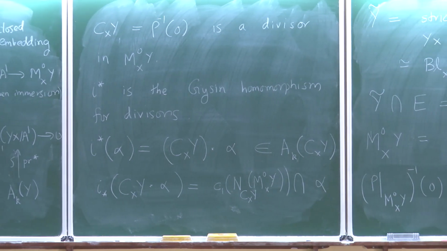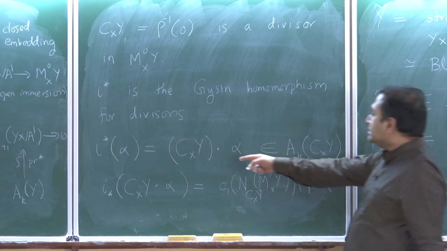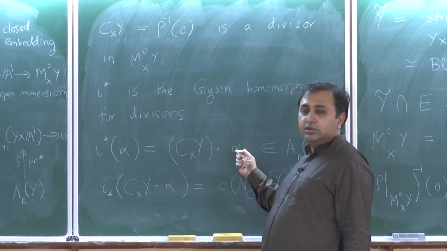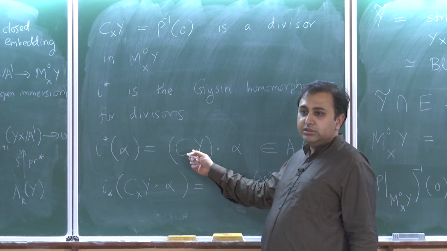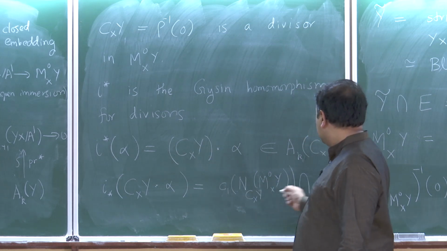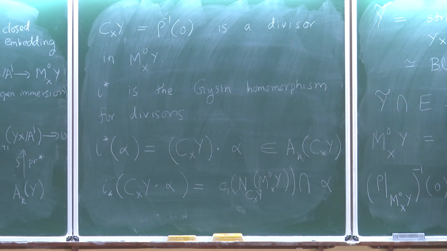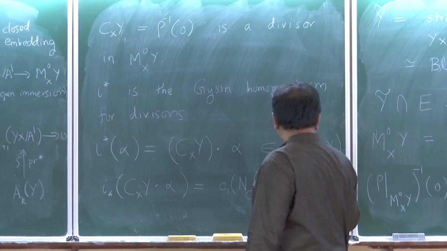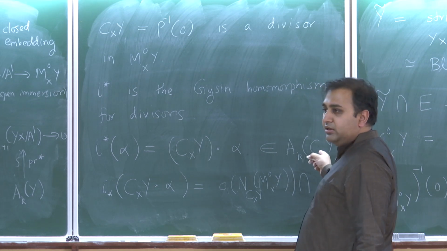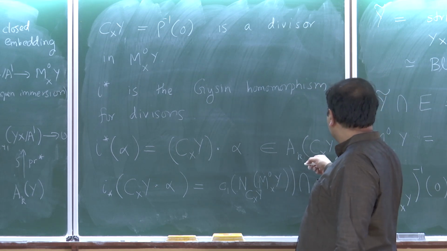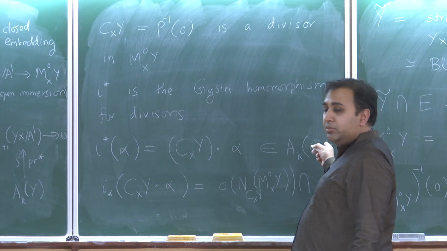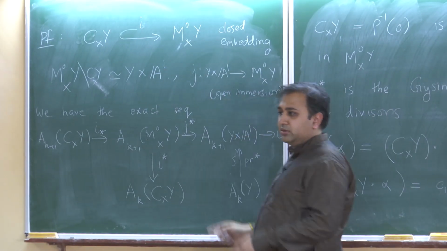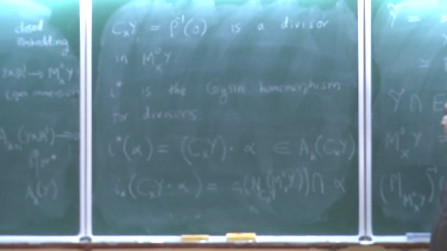This is just the definition: taking the intersection with this divisor is the same thing as cupping with its Chern class. The only reason I'm writing i lower star here is that this sits in the Chow group of C_XY, but I really want to see it sitting over here, so I push it forward again.